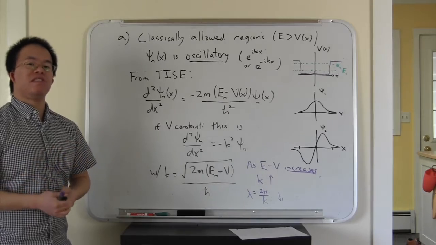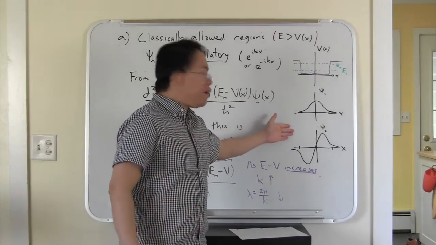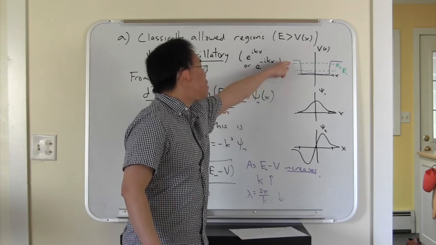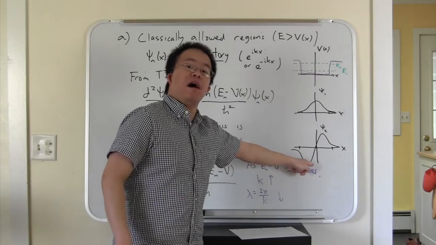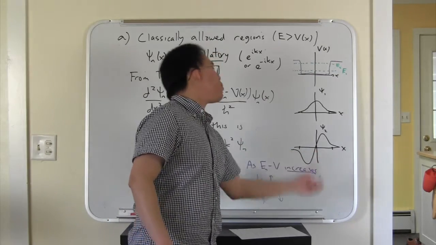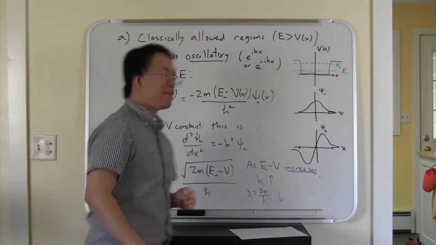And probably the easiest way to see that is from the finite square well, where as I increase from E1 to E2, notice that I now have a shorter wavelength within the well compared to my ground state.